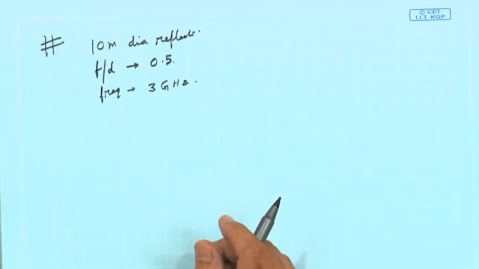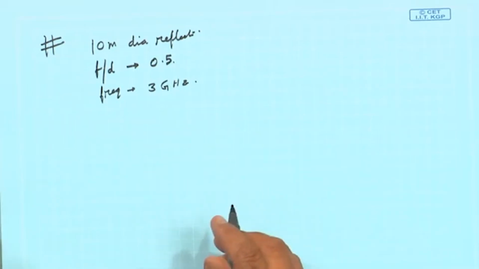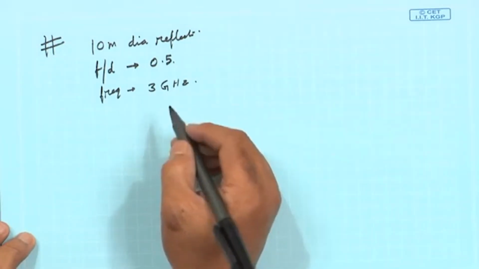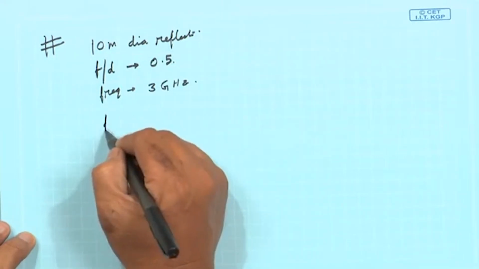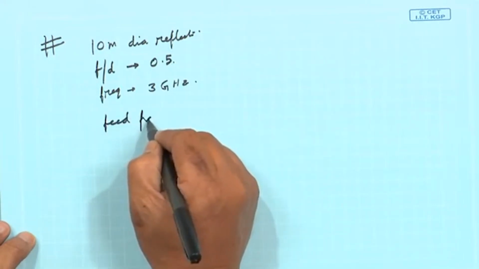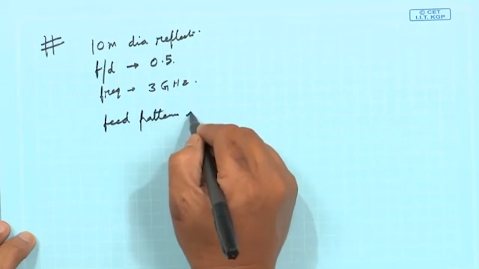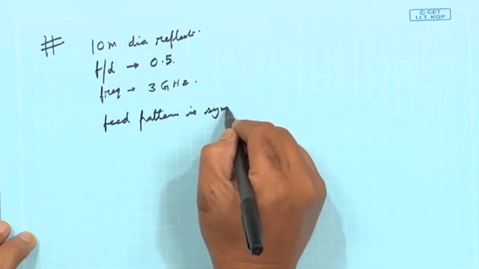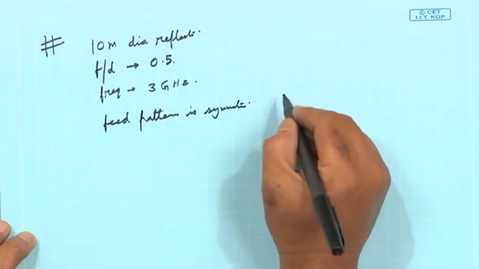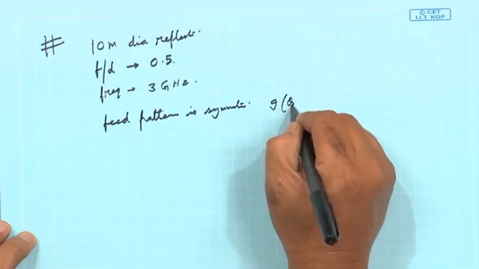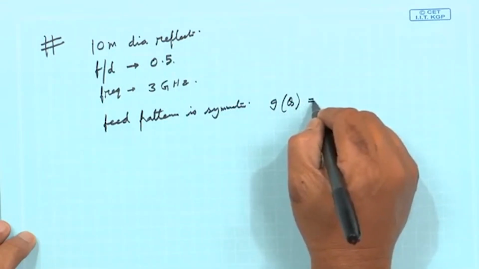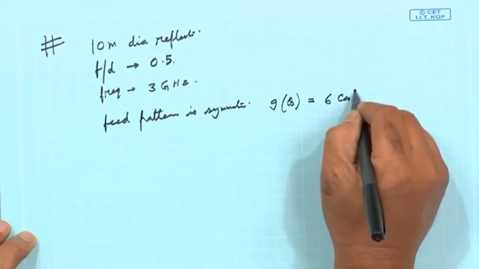The feed pattern is symmetrical and given by G theta equal to 6 cos squared theta.